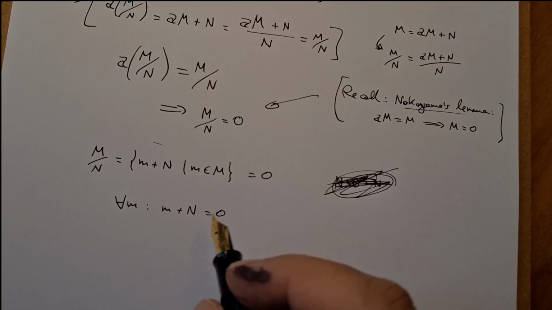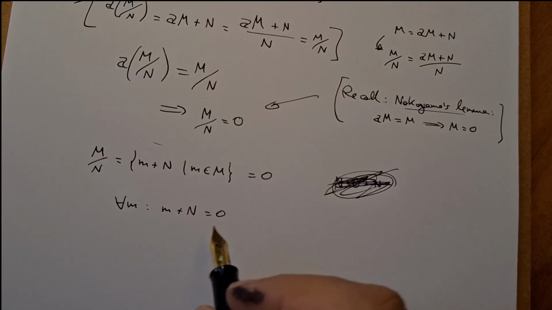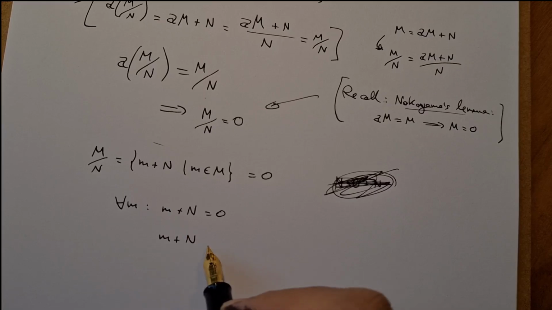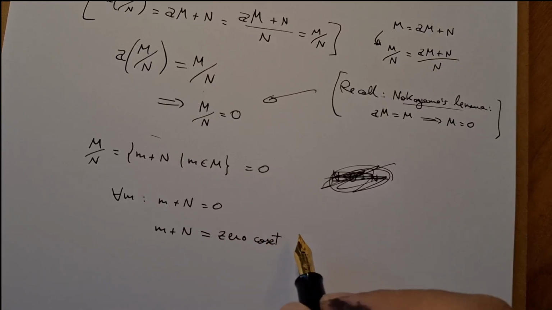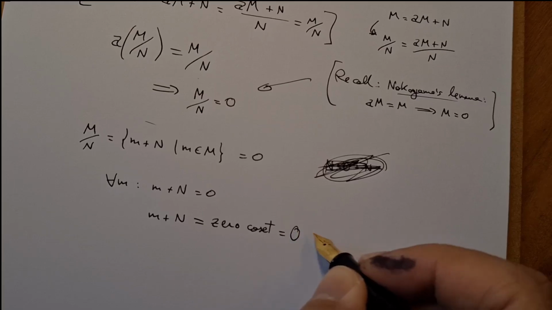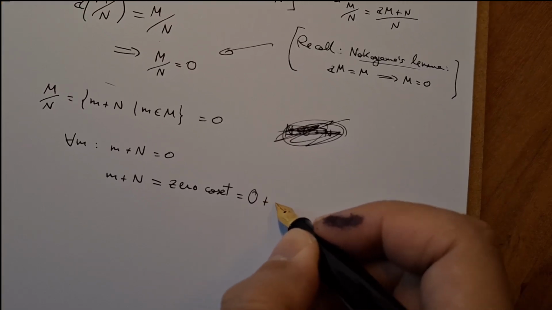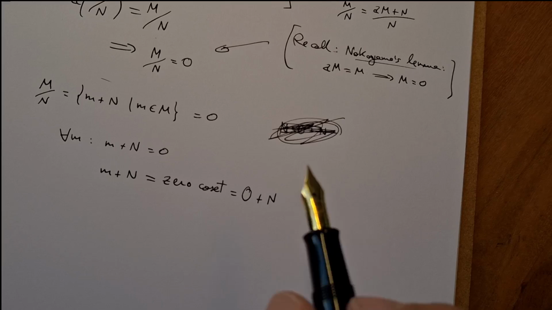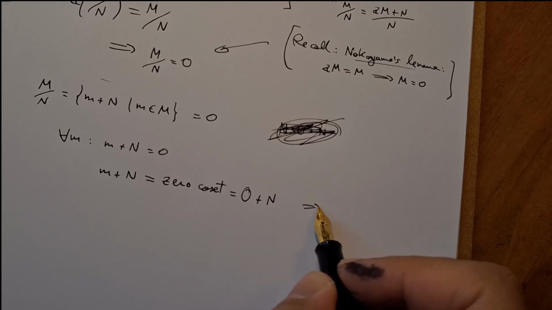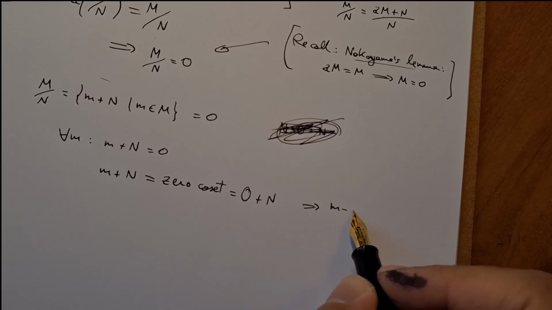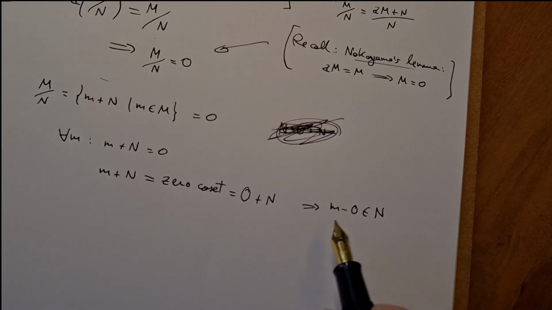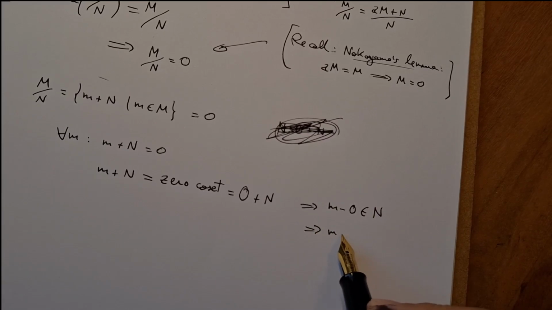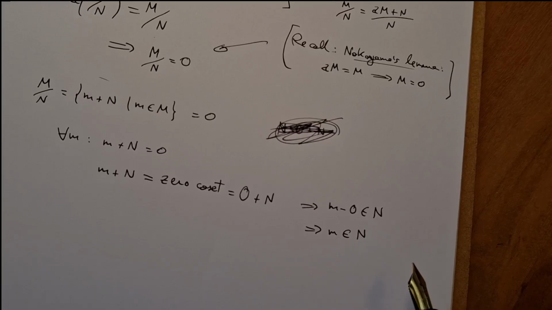What this means is that m plus N equals the 0 coset, which is the same as saying 0 plus N. This is the same as saying that m minus 0 is an element of N, which is the same as saying that m is an element of N.